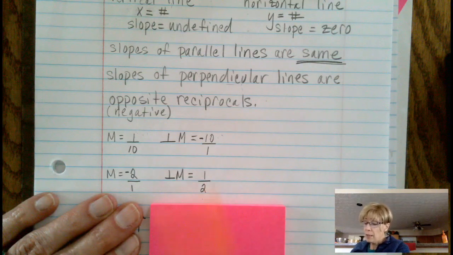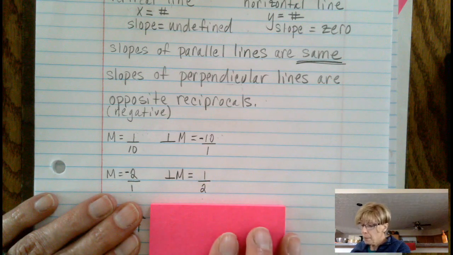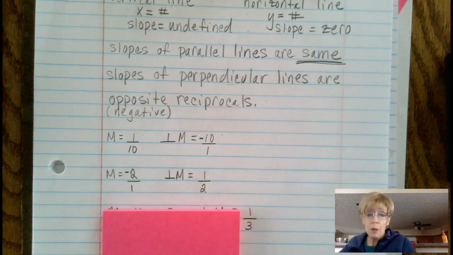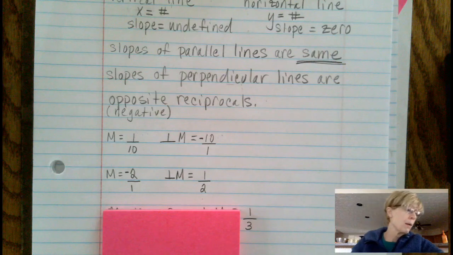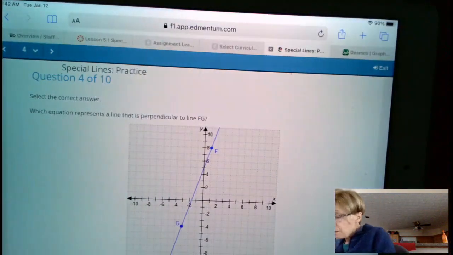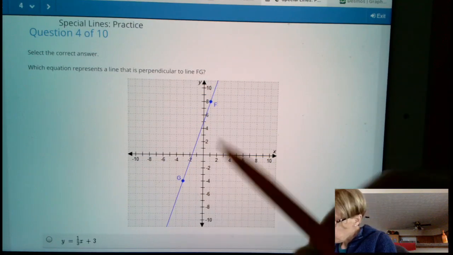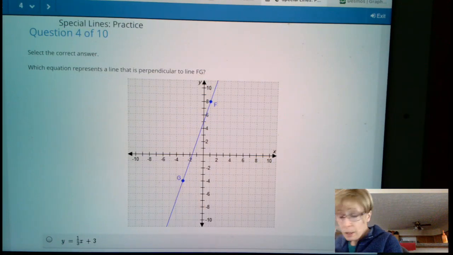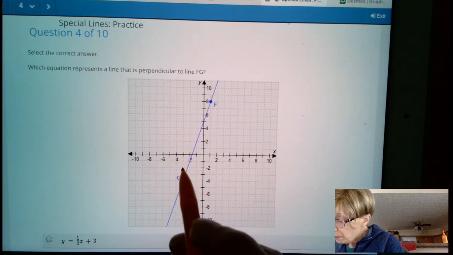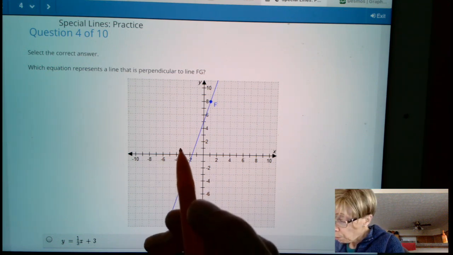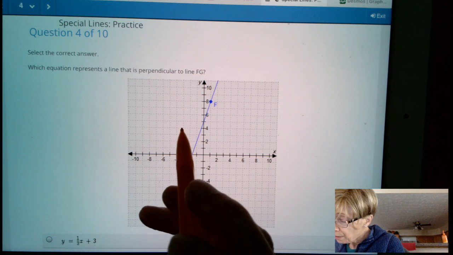We'll get back to our problem here, because what we want to do is find the slope of this line. So we're going to count. Rise over run is the slope. 1, 2, 3, 4, 5, 6, 7, 8, 9, 10, 11, 12. We rise 12, and run 1, 2, 3, 4.